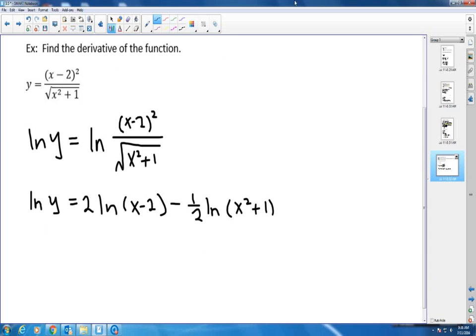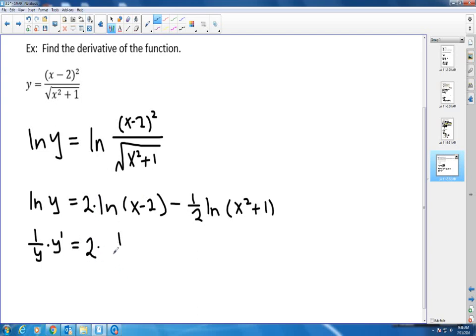Remember, the derivative of natural log of u is 1 over u times u prime. So that will be 1 over y, my u is like my y, times u prime, which is just y prime, or dy dx, equal to 2 times, up front, still 2 times, natural log of x minus 2.